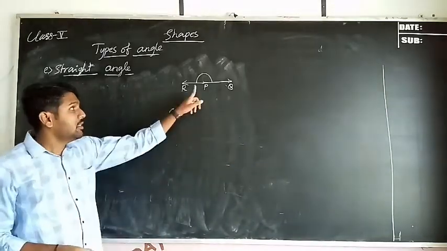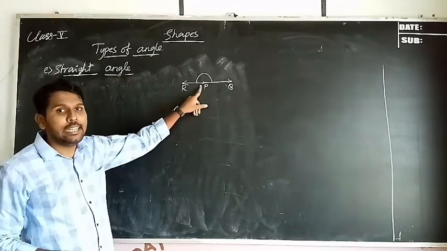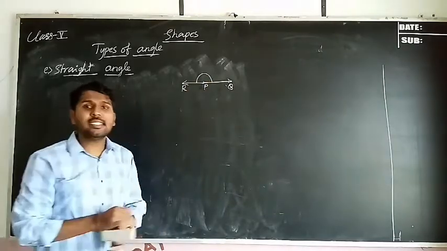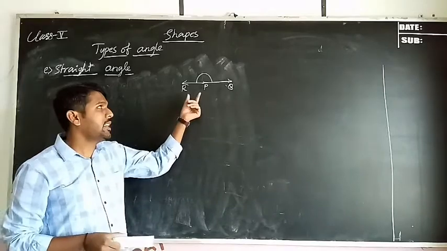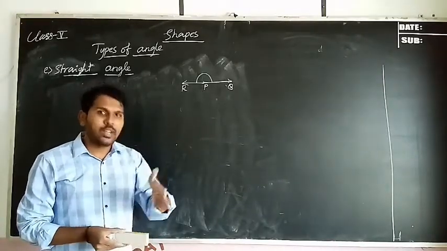Otherwise, if the final ray lies on 180 degree, the angle formed between initial ray and final ray is called a straight angle. What is the definition of a straight angle? The measure of an angle is exactly equal to 180 degree.